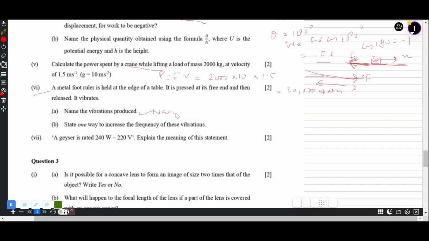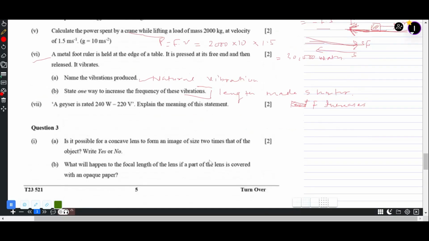One way to increase the frequency is to make the length shorter. So if the length of the scale which is available freely for vibration is made shorter, then the frequency increases.